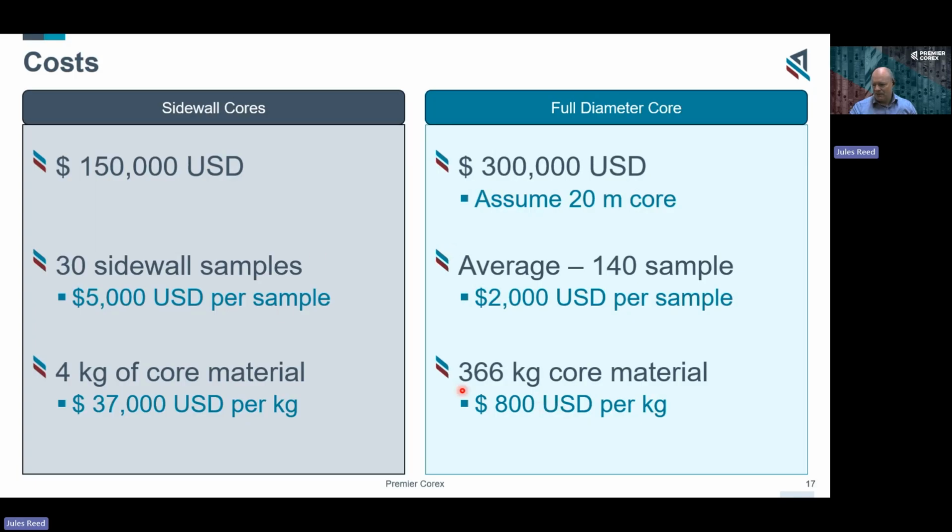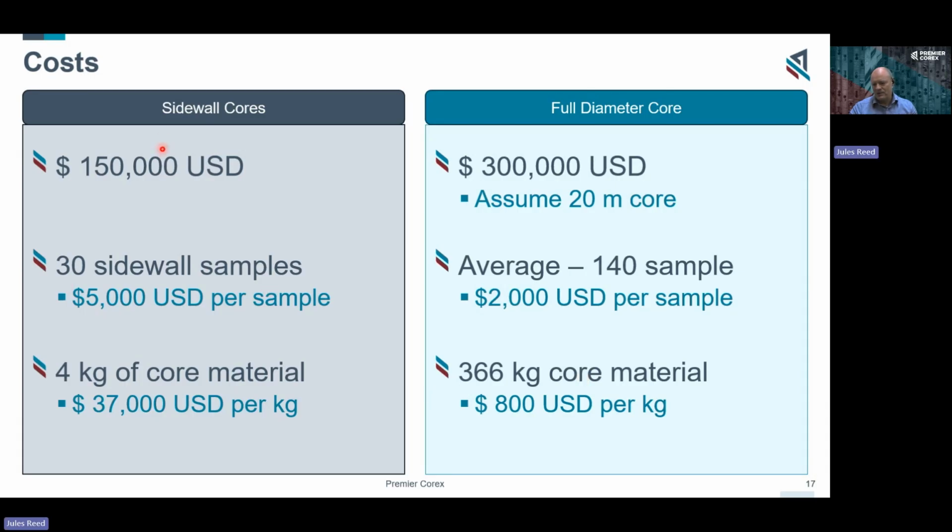And having the full core allows you access to that core over time. You would generally take preserved sections so that you're preserving sections for later analysis, allowing you to keep coming back to the core and performing additional analysis where it might be required. And so a full diameter core allows you access throughout the field history.